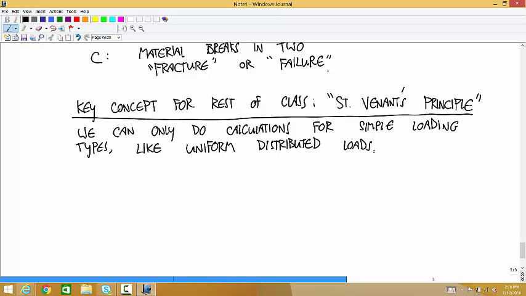And in reality, that almost never happens, that you have the loads applied in the way that we're going to apply them. So the question is, to what degree are our assumptions about uniform distributed loads applicable in cases where loads are applied at points or non-uniform distributed loads and things like that?